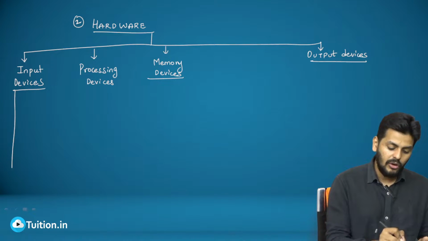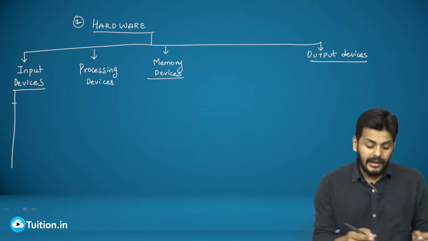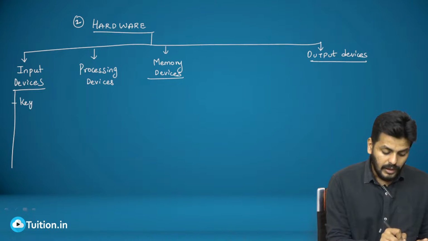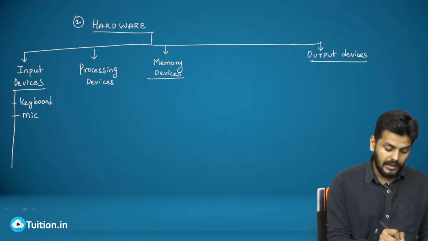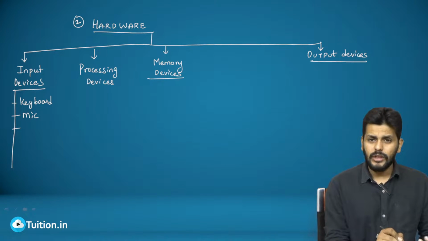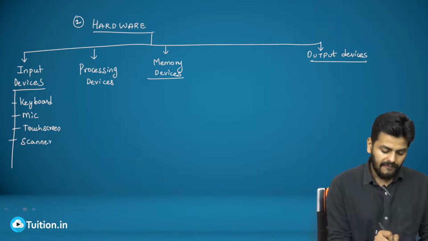Input devices are all devices which are helpful to send data into the computer, wherein text based input is given by keyboard, voice based input is given by mic, and touch based input by touch screen. Keyboard, mic, scanner, webcam.